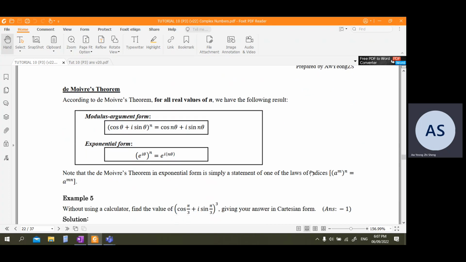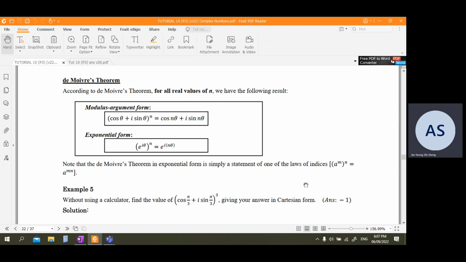Okay, next, on page 22, de Moivre's theorem. De Moivre's theorem is applicable only for the polar forms, namely the modulus argument form and exponential form only. It is not applicable for Cartesian form.